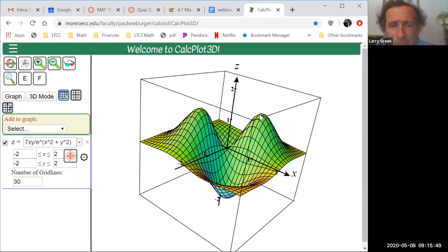Okay, well, if the tangent plane is parallel to the XY plane, what do you know about the normal vector? What can you say about the normal vector at that point? Where does it point?